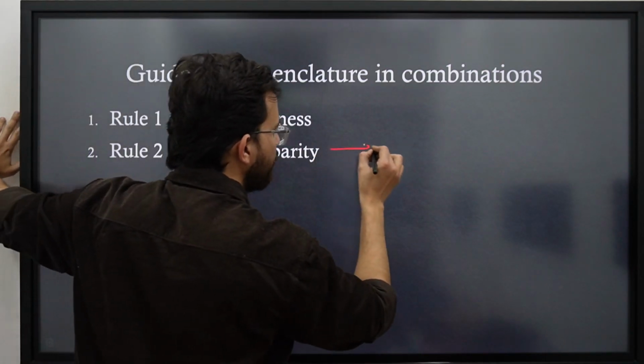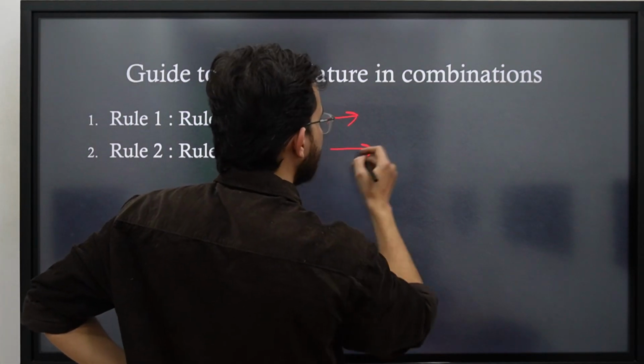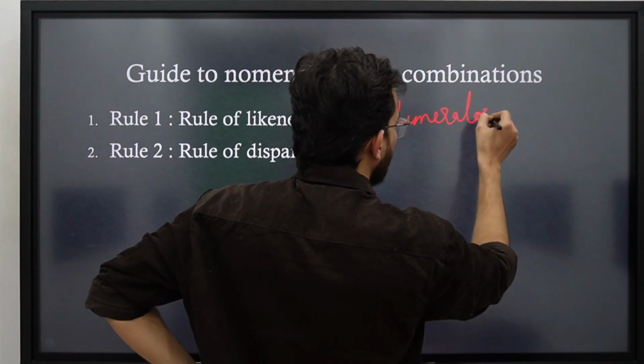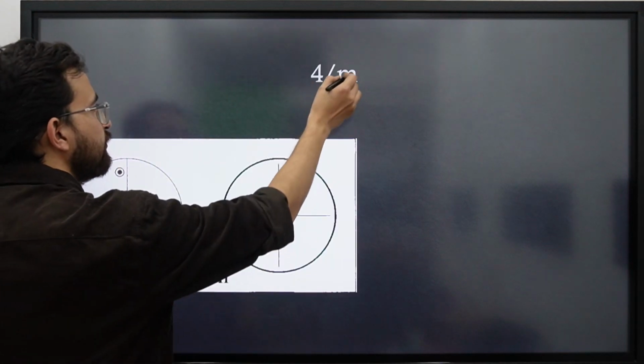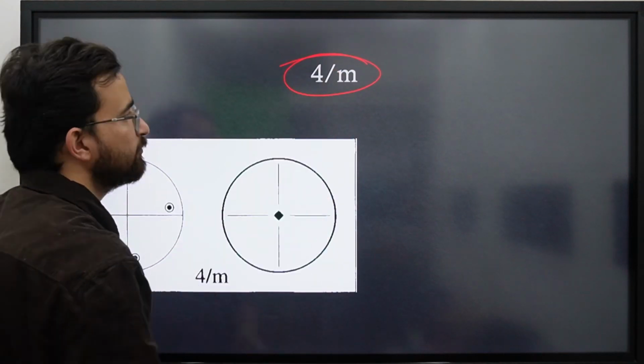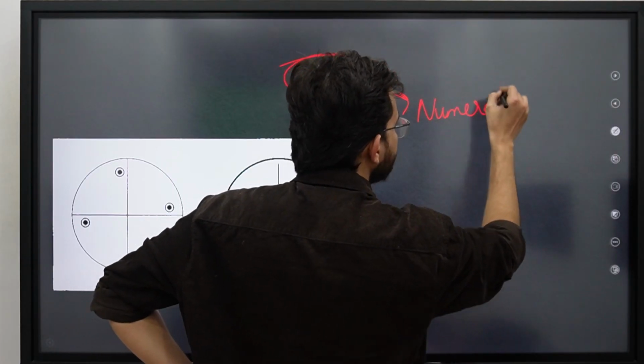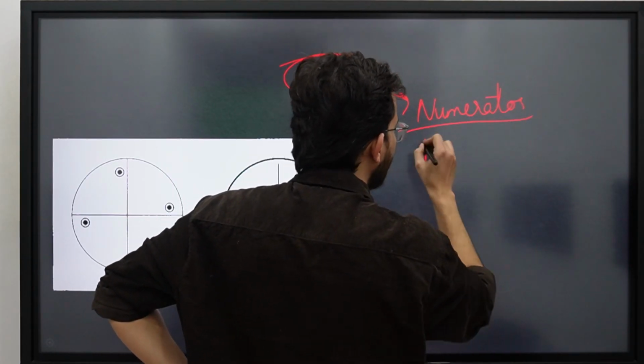For example, when you talk about likeness and disparity, you are only talking about a numerator. For example, this figure 4 by m. 4 by m means you are talking about a numerator and you have a denominator as well.